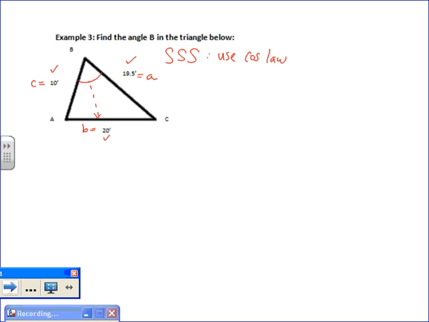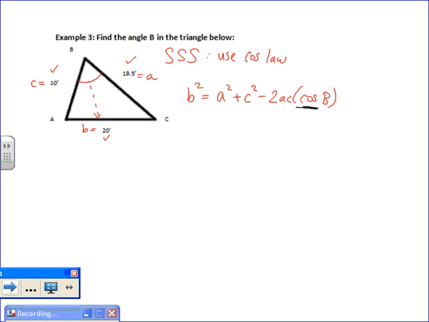I'm going to be using B squared is equal to A squared plus C squared minus 2AC times the cos of angle B. And again, it makes sense for us to rearrange this formula first. So let's isolate the cos of B on its own. So in a quick step here, we're going to move A squared and C squared to the other side.